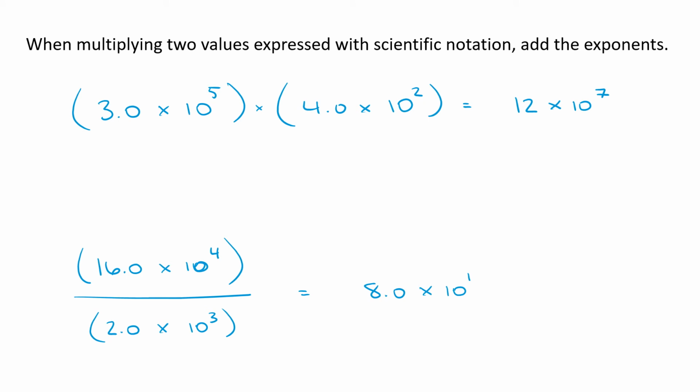When we multiply scientific notation, we may be doing this on homework, we're going to be adding the exponents. So let's say we have two values that we're going to multiply.